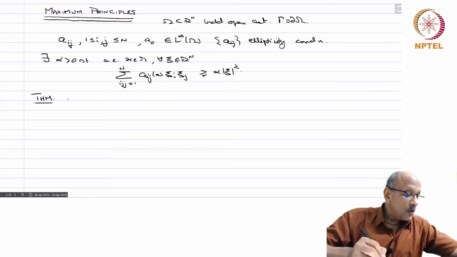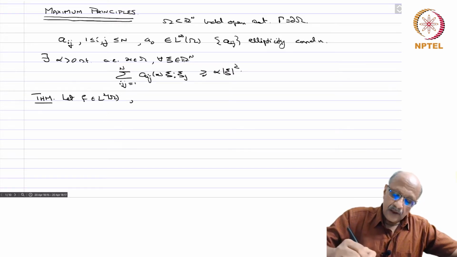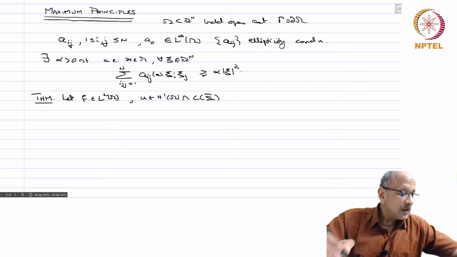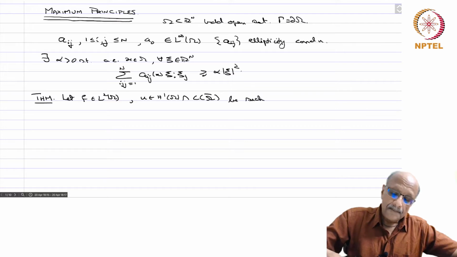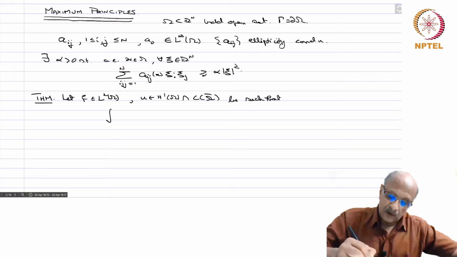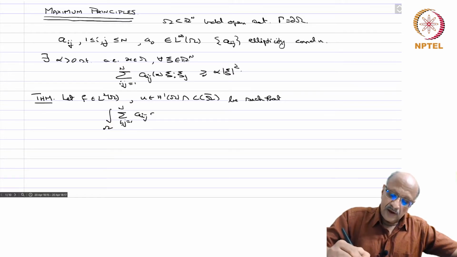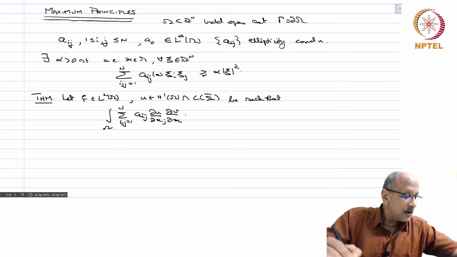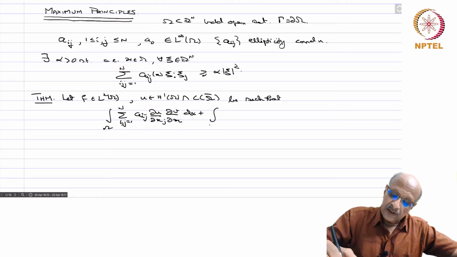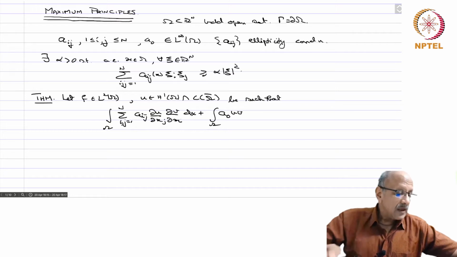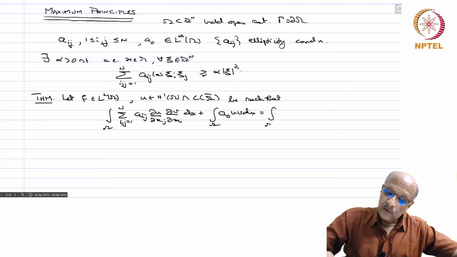Let f belong to L2 of omega, and u in H1 of omega intersection C of omega bar be such that the integral on omega of the sum over i, j equals 1 to n of a_ij du by dx_j dv by dx_i dx, plus the integral on omega of a_0 u v dx, equals the integral on omega of f v dx.